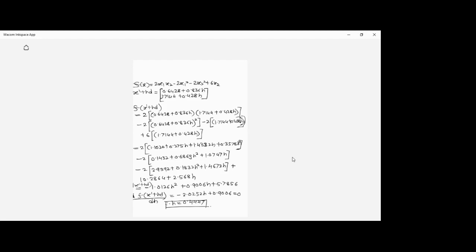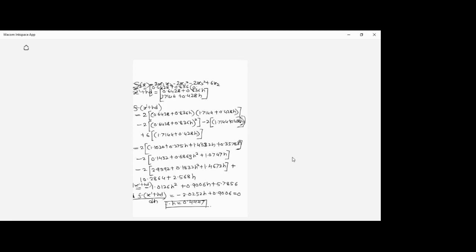So now that we have got the value of h, we can find out what is the value of x2 here, right? So the value of x2 will be, previously we had it at 0.6428 plus 0.836.